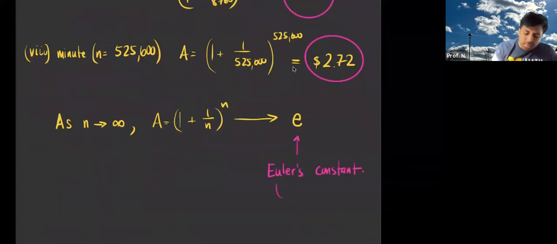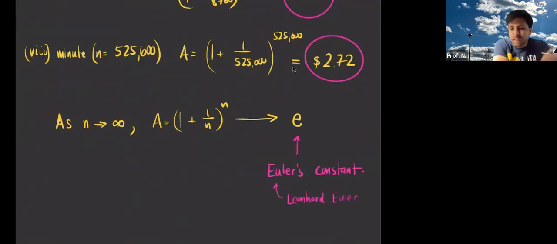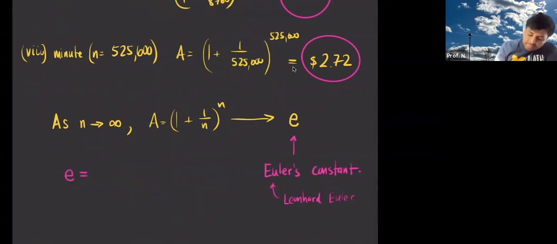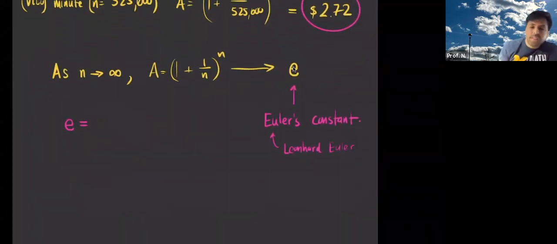Euler comes from the mathematician Leonhard Euler. And it's not pronounced Youler, it's Oiler. He's German. And yes, if you put this in your calculator, e has an infinite decimal expansion.